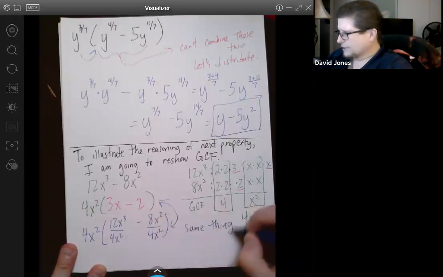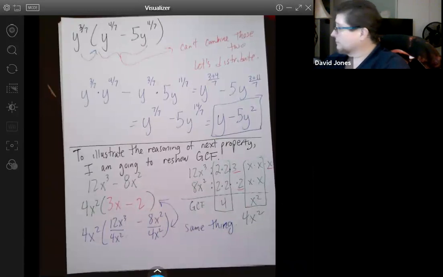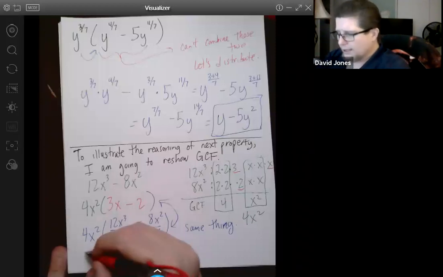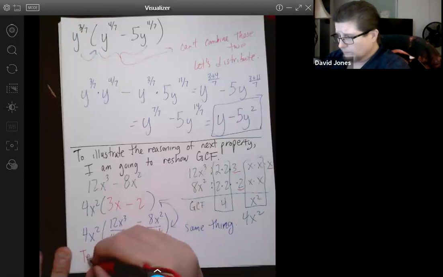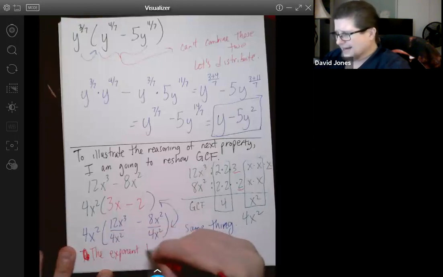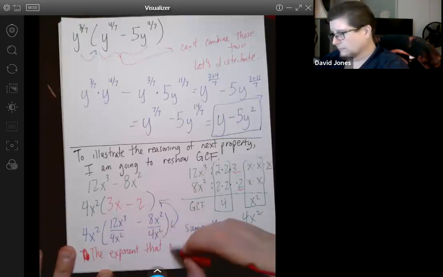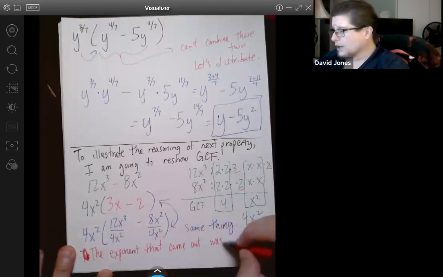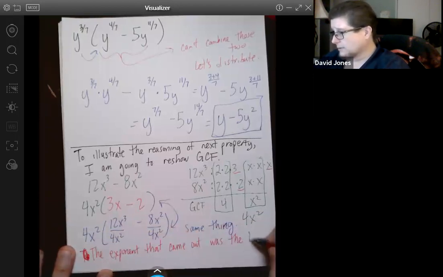In fact, that's how we do the greatest common factor. That's why it can come out. What I want you to notice is the exponent that came out was the lowest exponent, or least exponent.